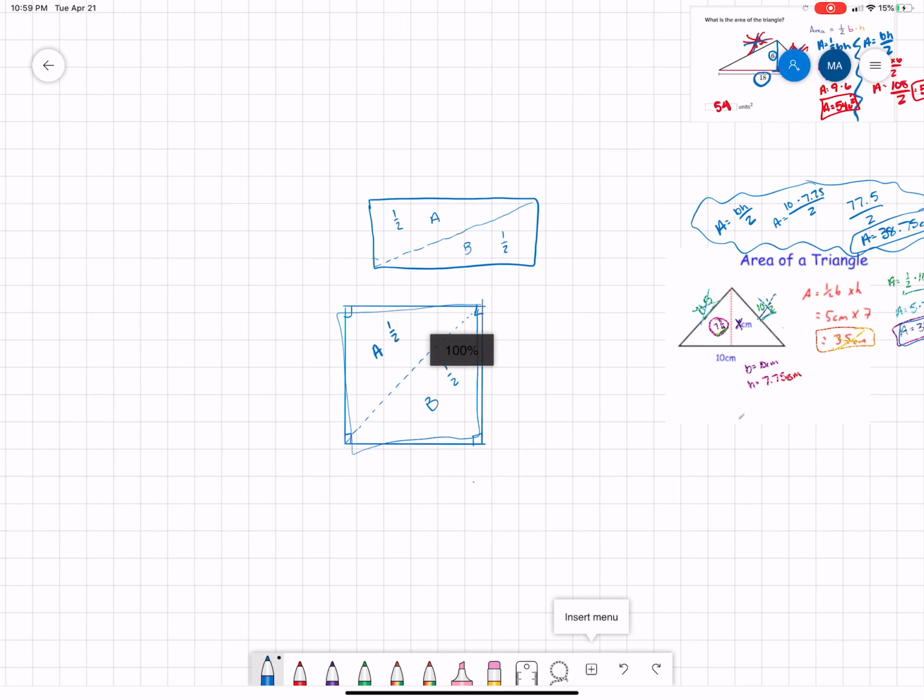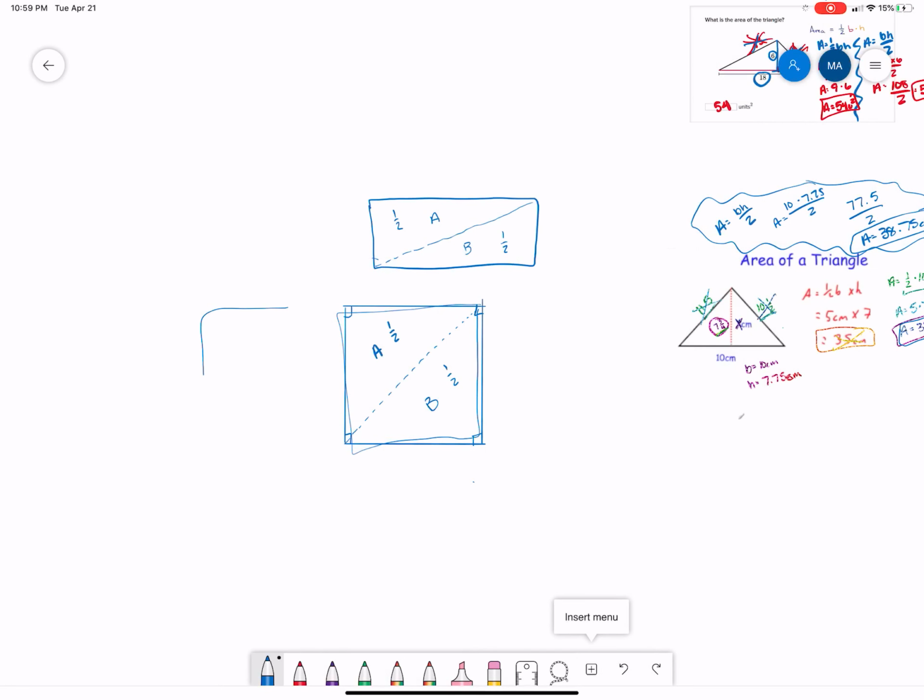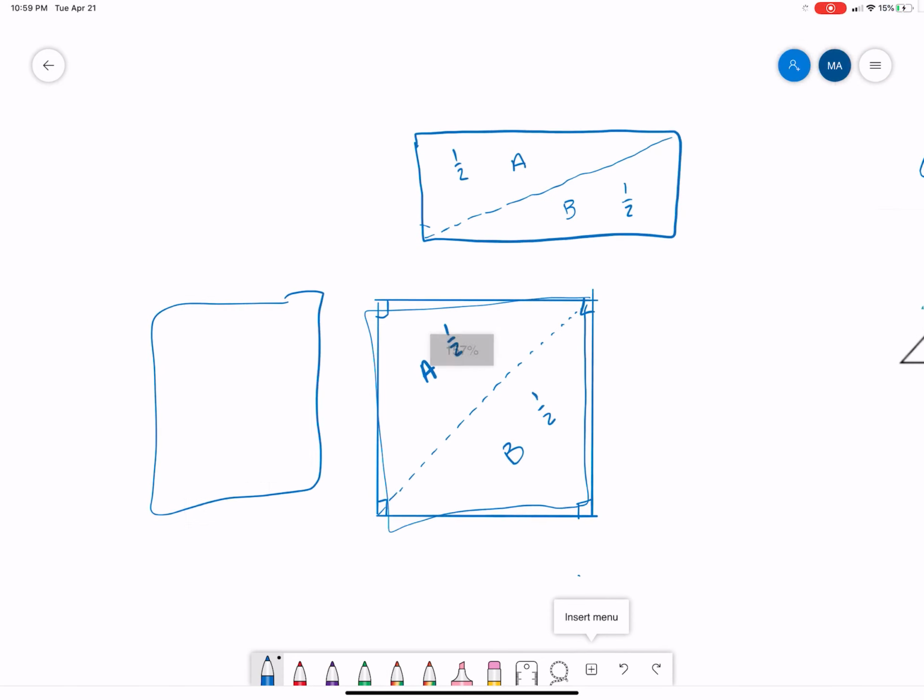Even if I do this, same size. So let's just say I have the same size square. I know it's terrible. This is why I'm not a drawer. If I break it up like this, and this is A, this is B, and they're both littler rectangles inside, this is the same area as this.